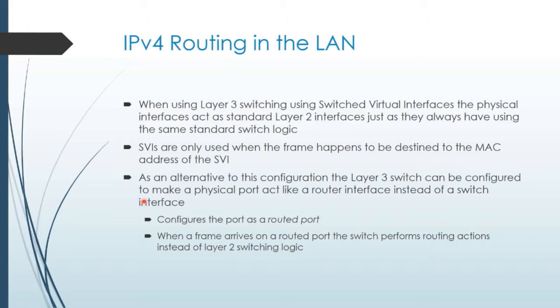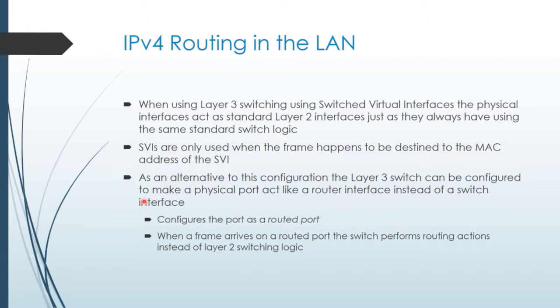So when we use the layer 3 switch using switch virtual interfaces, the physical interface acts as a standard layer 2 interface just as they always have, okay, with the same switch logic. The SVIs are only used when a frame is received by the switch that happens to be destined to the MAC address of that switched virtual interface.